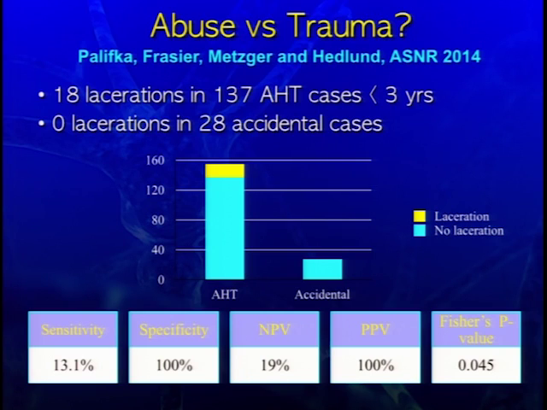They looked at a number of cases over an 8-year span and found 18 lacerations in 137 cases of abuse and none in 27 accidental cases in the comparable age range. So when you see these types of lacerations, think about abusive head trauma. It's usually thought to be due to blunt impact, probably also somewhat related to the rotational injury that you get with the flexion extension and the shaking.